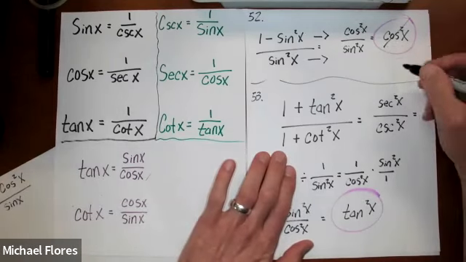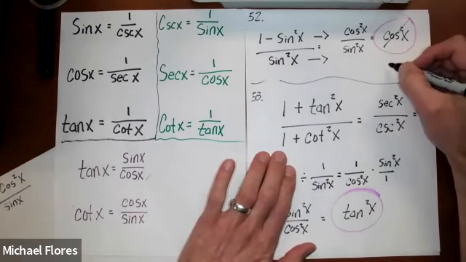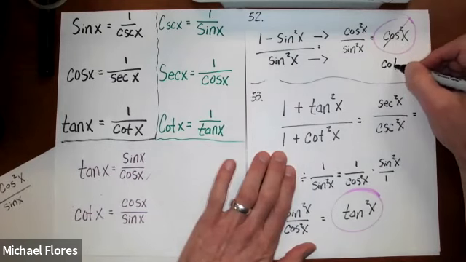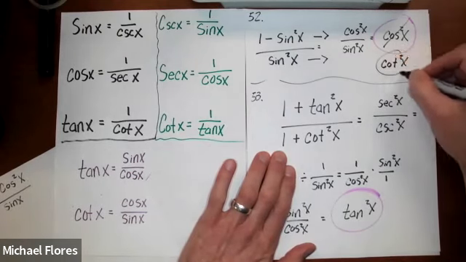Here, just now realizing I wrote the wrong letter. That should be a T, not an S. Cotangent squared of x.